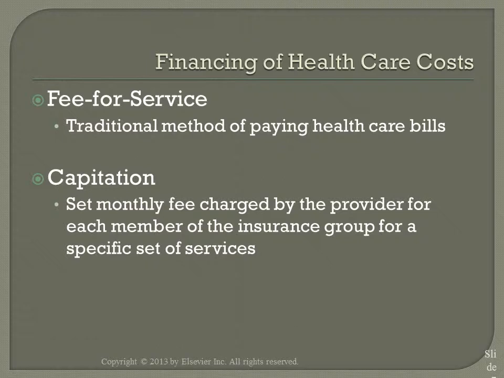Pros for this type of service is wellness is encouraged to realize a profit. With cons, there are no deductibles or copays to realize a profit, so there's a lot of tests that may not be ordered that really should be.